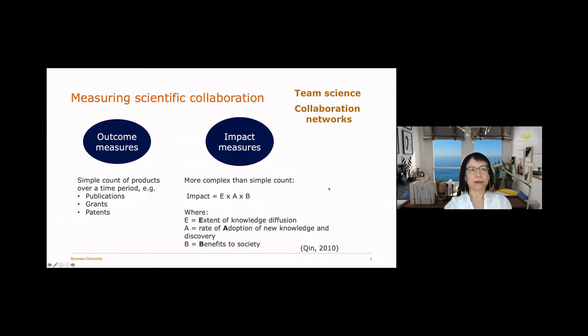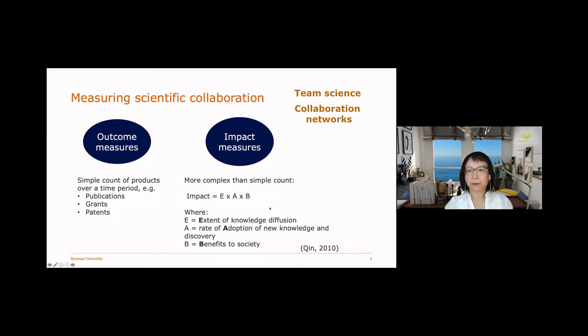Let's take a look at what's in science of science in regard to scientific collaboration, and also the measurements, assessment, and so on and so forth.